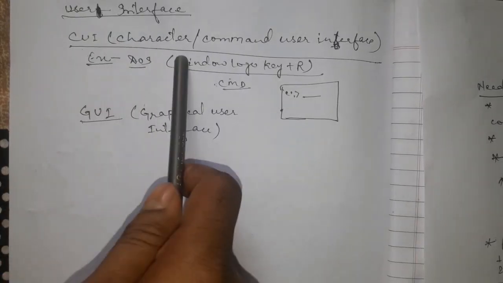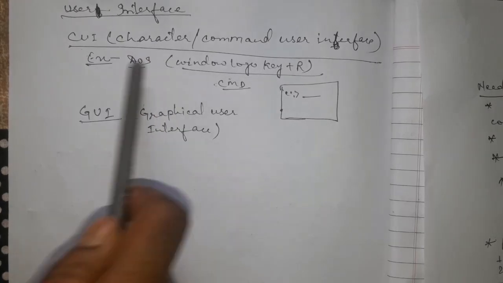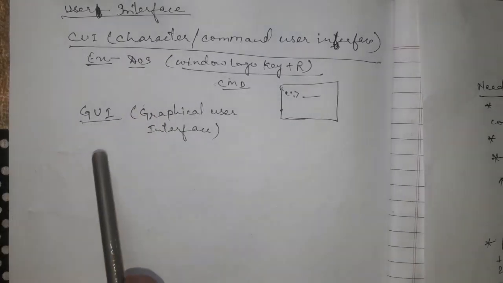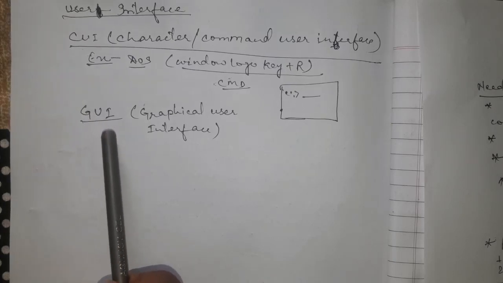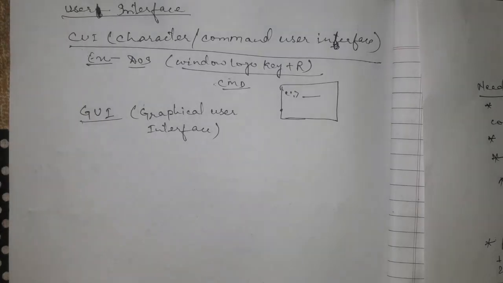These are all commands that were used in CUI. So CUI is difficult to run, but GUI has pictures and animations, and that's why it is very easy to use and run.